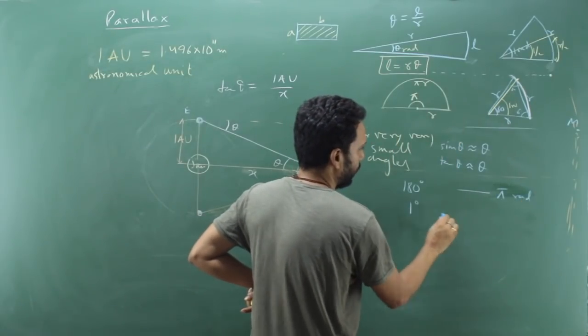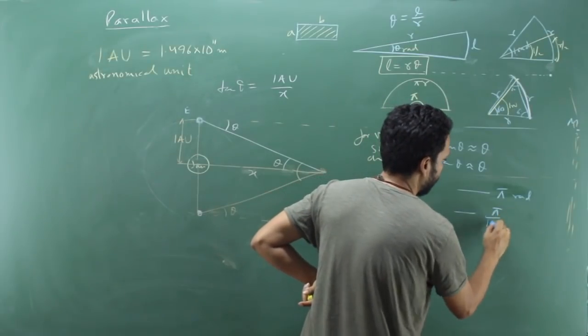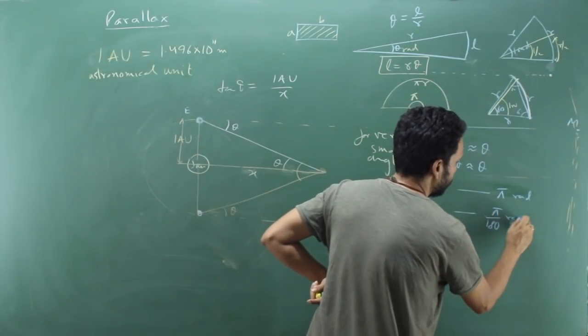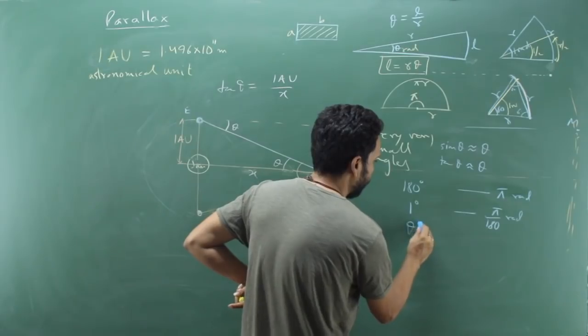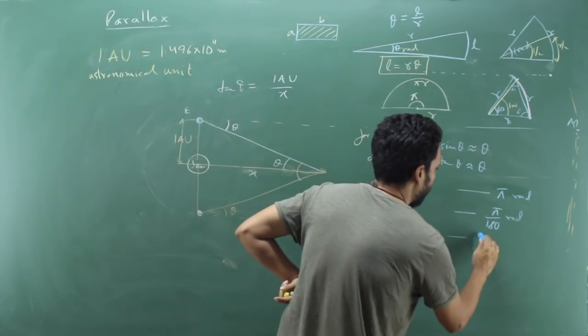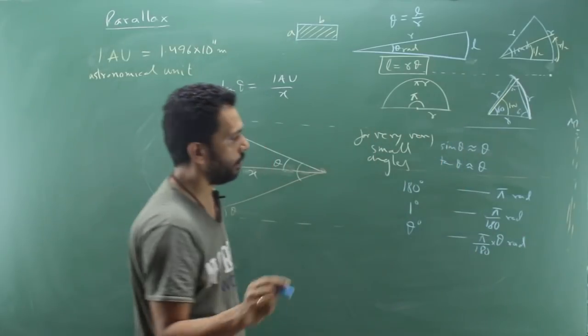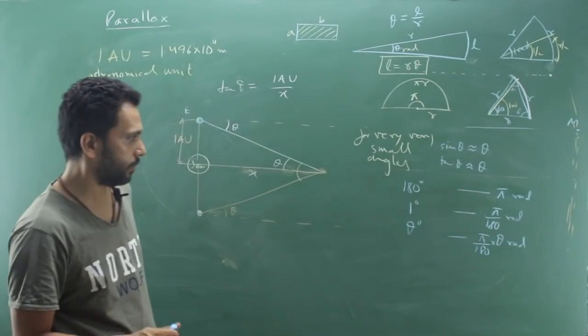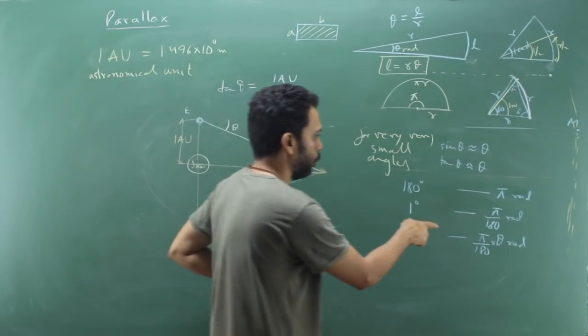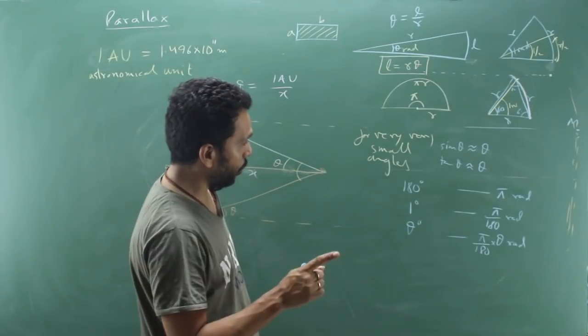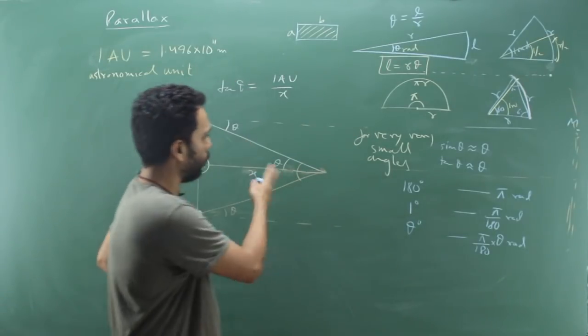So what will be 1 degree? 1 degree will be pi by 180 radians. Hence, theta in degrees will be pi by 180 into theta radians. I hope this has been done in math already. In the math class, they have started with trigonometry, so I don't have to tell you more. Now, for very small angles, degree is a big angle when you are doing all this stuff.